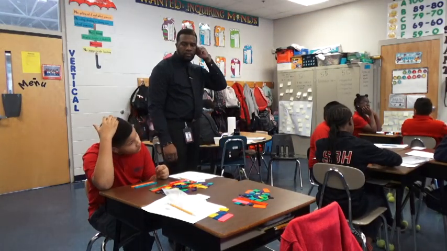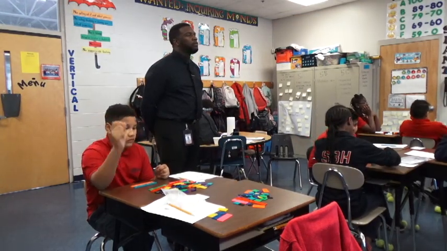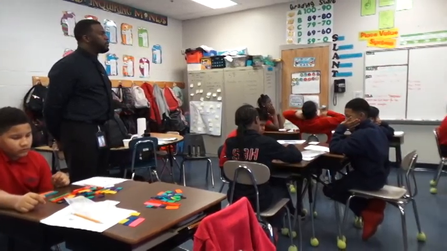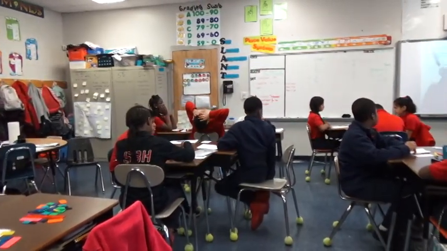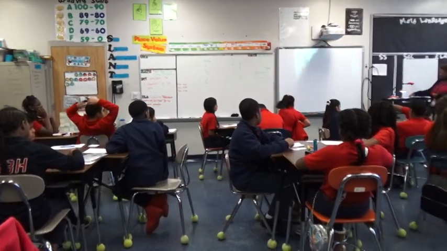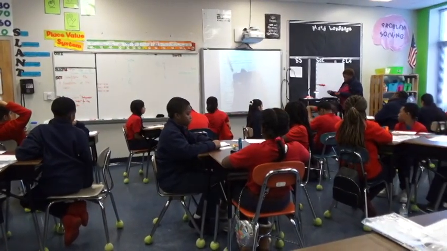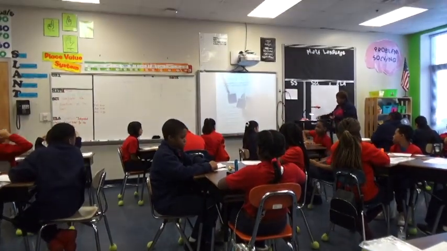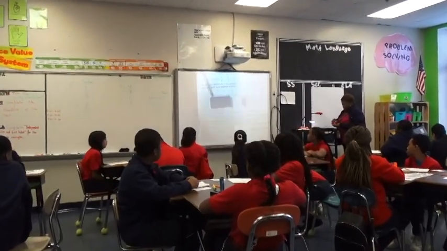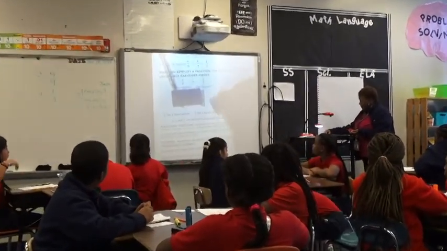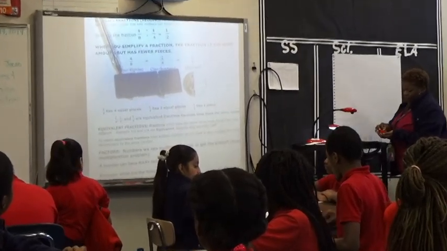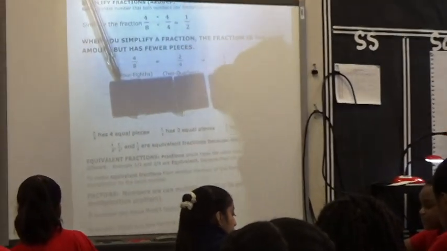I'm going to use these strips so you can see it. These are my 6. 1, 2, 3, 4. How many pieces do I have out of the 6? 4.